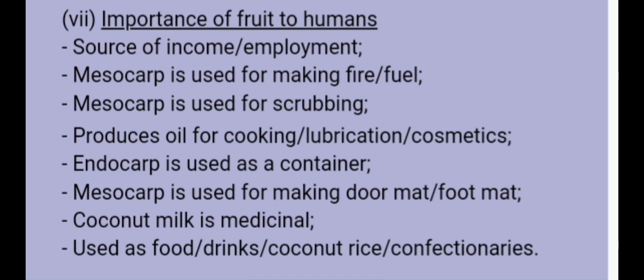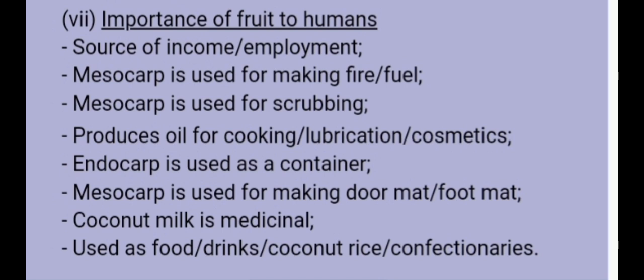You've heard mango seed, you've heard avocado seed, and oil, and all that. Then fruit also, the endocarp is used as a container, right? In some fruits. And then the mesocarp is used for making doormats. You've seen, and foot mat also.